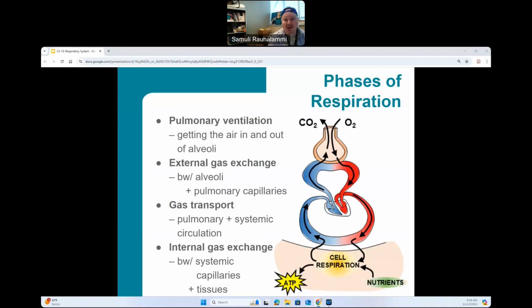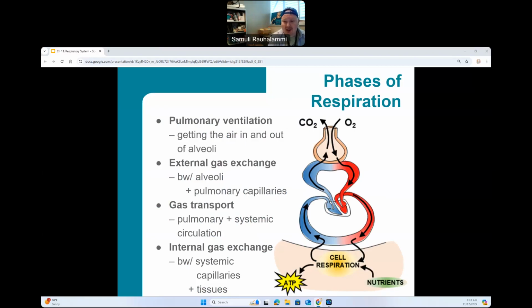We're also going to see respiratory gas transport. This is the transport of oxygen and carbon dioxide via the bloodstream. So all of the things that we talked about when we looked at the cardiovascular system. And the final phase or event that we see in this series would be the internal gas exchange. So this is the second time when the gases are exchanging.